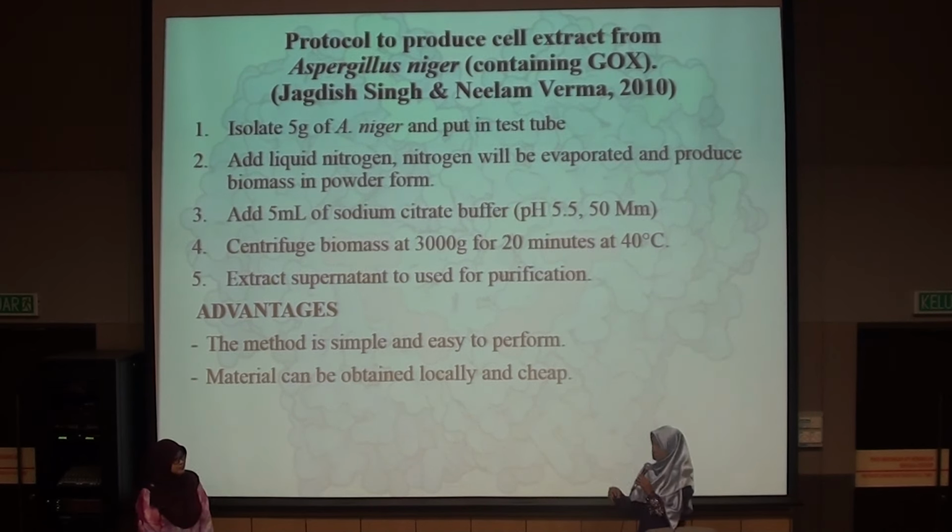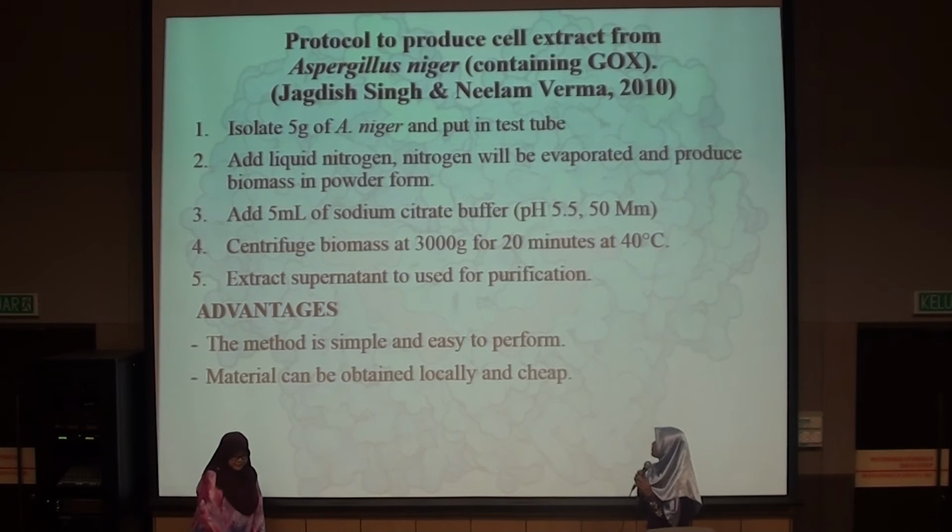After centrifugation, it will form 2 layers, upper and lower. The upper is the supernatant, and the supernatant will be extracted for further purification. The advantage of this method is that it is simple and easy to perform, and the materials can be obtained locally and cheaply.